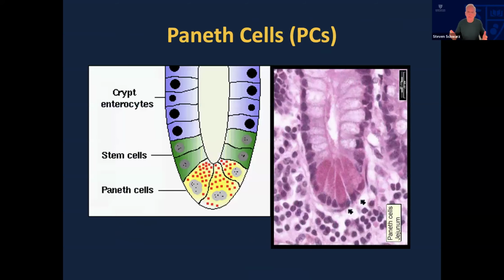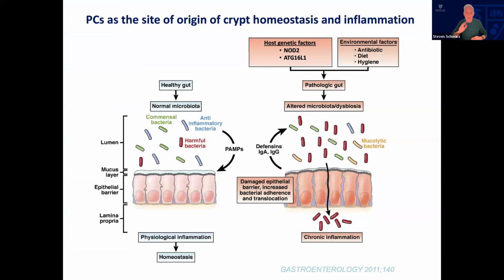And of course, here we have our friends, the Paneth cells, as shown here on a photomicrograph on the right and a cartoon on the left. And all these granules are these defensins and other antimicrobial elements released into the lumen to control inflammation in the gut and control the microbial population. So the Paneth cell is the site of origin of crypt homeostasis and inflammation.